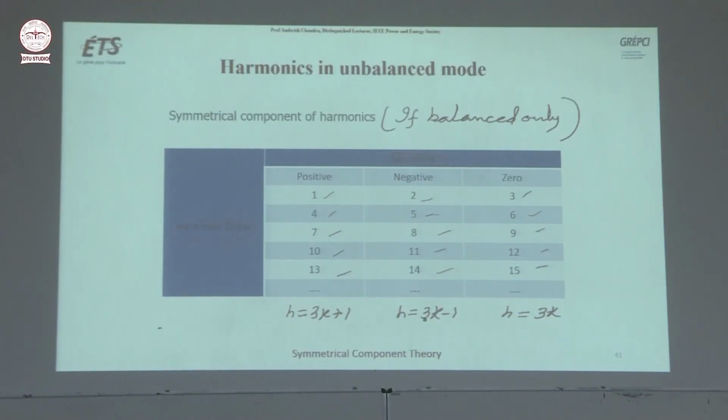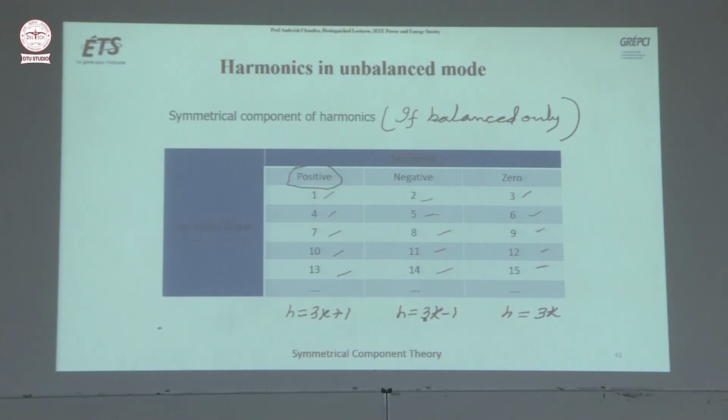Okay, so now you will say, oh, this is a long table. If I want to see the 25th harmonic, do I have to make a table until the 25th harmonic? That is not necessary. You just see the equation.